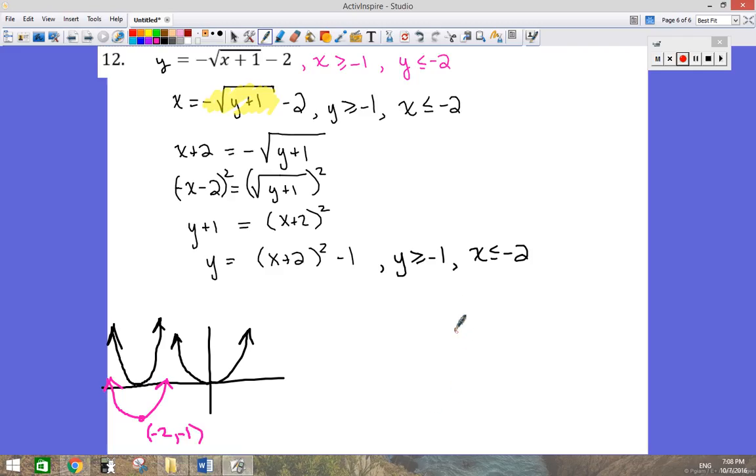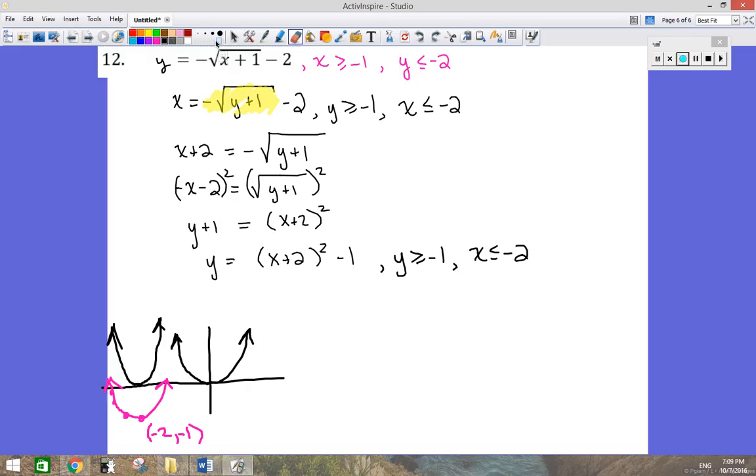Now, it's telling me that it wants the values of x that are less than or equal to negative 2. Here on the left-hand side, every point on that graph to the left of the vertex has an x coordinate that is less than or equal to negative 2. And look, the entire graph has all the y coordinates greater than or equal to negative 1. So I don't want any points on my graph to have x's that are bigger than negative 2.